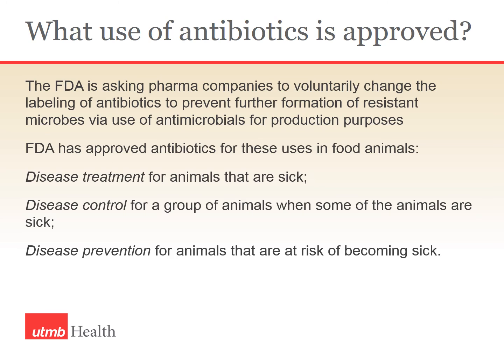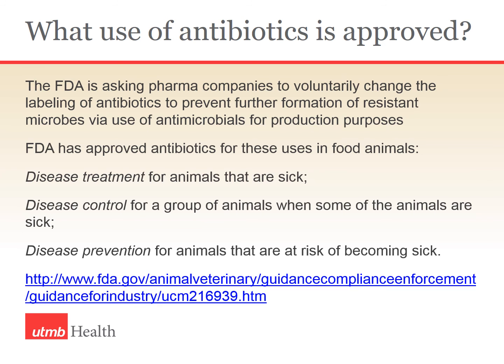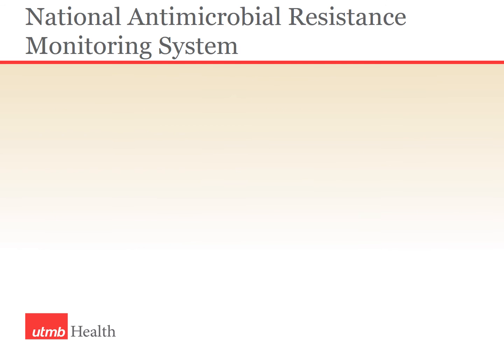This is a voluntary thing that the FDA is asking pharmaceutical companies to do, but they're thinking that it's the fastest route to getting a handle on some of these issues with antibiotic resistant bacteria. So there's more information there if you want to read about it.